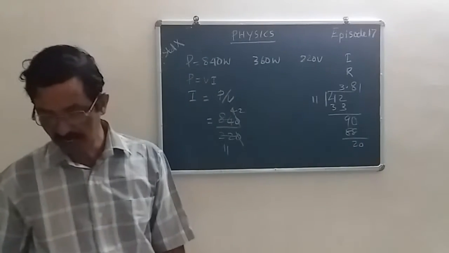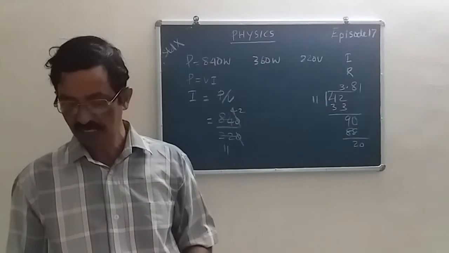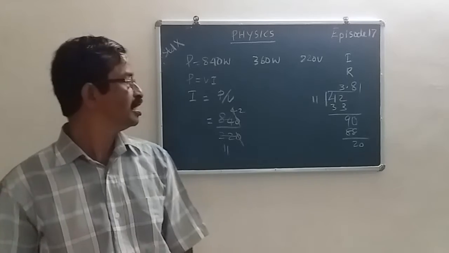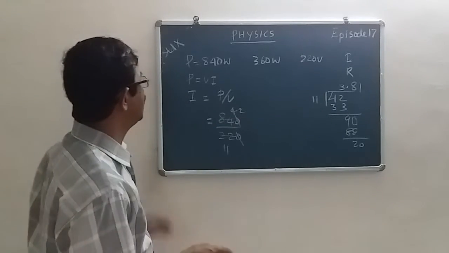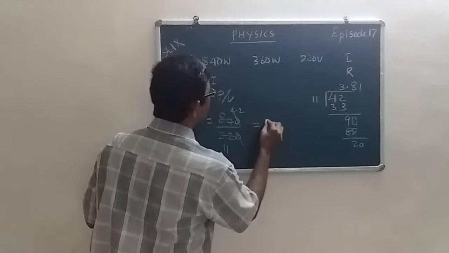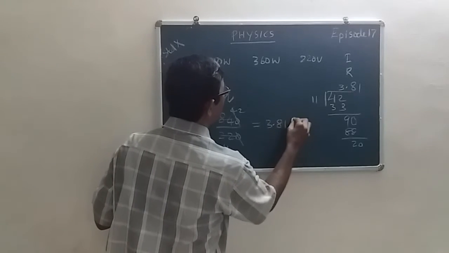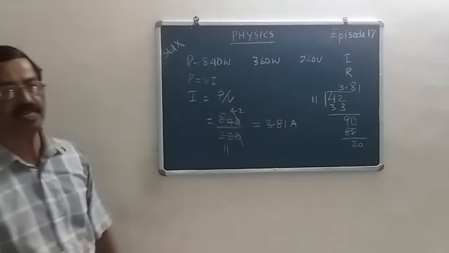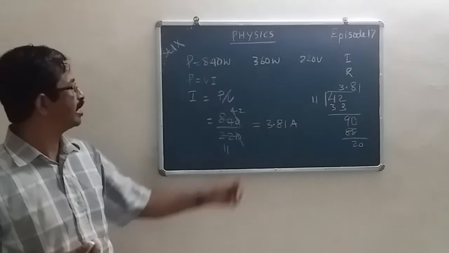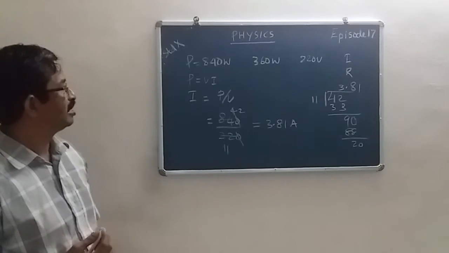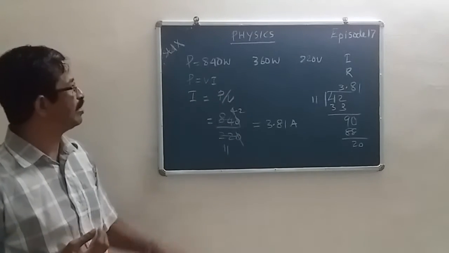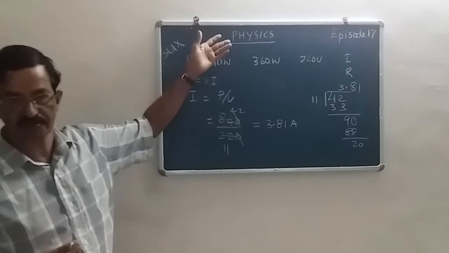That means how much is its value? We got 3.81 ampere. 3.81 ampere is the current it draws when the power consumed is maximum.